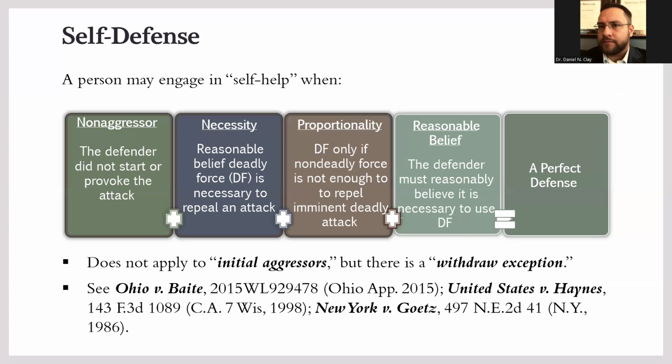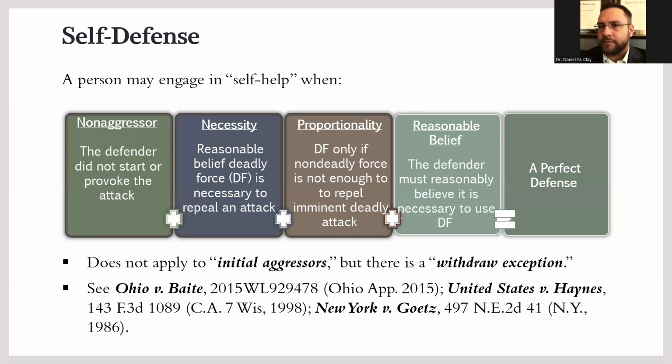So we're talking about murder in this case. If you kill somebody in self-defense, that killing has to be necessary to repel the attack, right? So the idea here is you had to resort to deadly force.